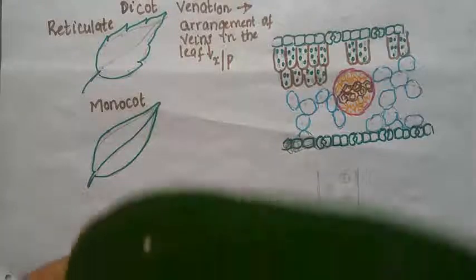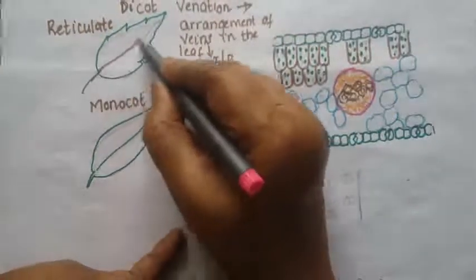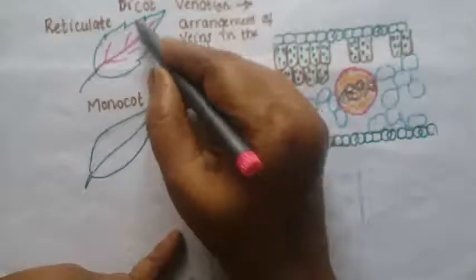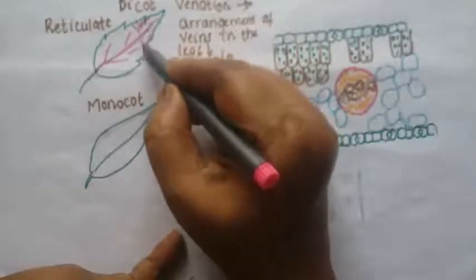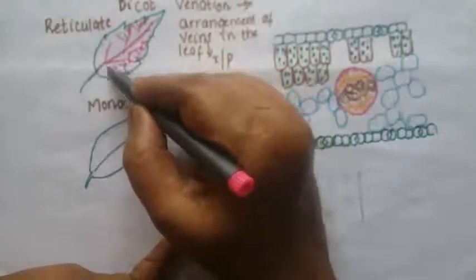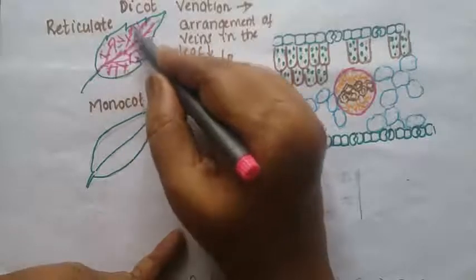In case of reticulate venation, children, you find the midrib, you find the veins, and all these veins are scattered and form a network-like structure.